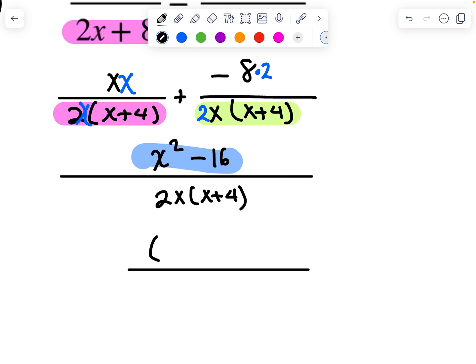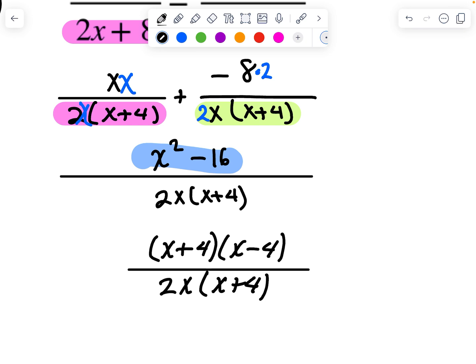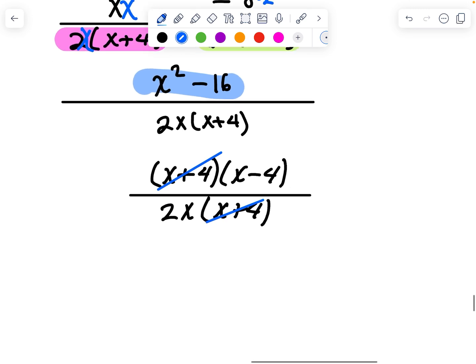And we're going to have x plus 4 and x minus 4 over 2x, x plus 4. And then this is going to cancel this. So our final answer is x minus 4 divided by 2x.